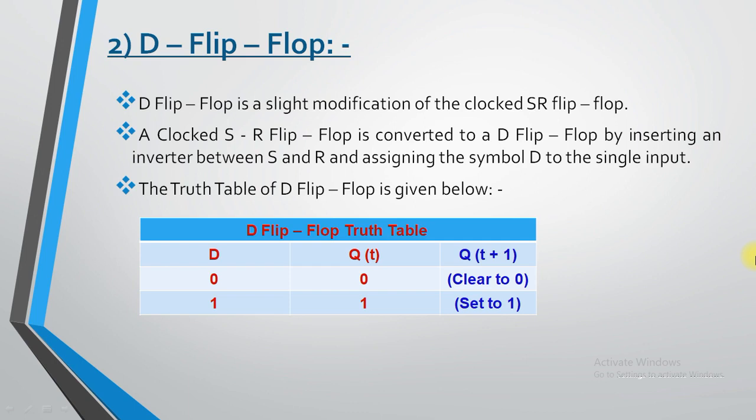So when 0 and 1 occur, the next state would be 0 and 1 only. 0 stands for clear and 1 stands for set. Qt represents the current state, Qt+1 represents the next state.